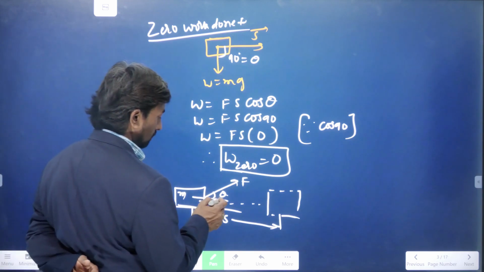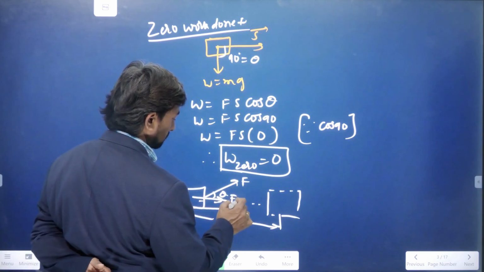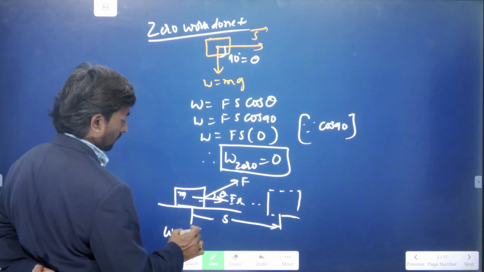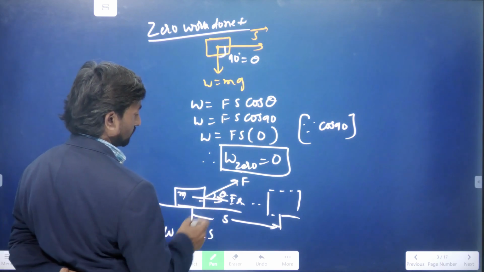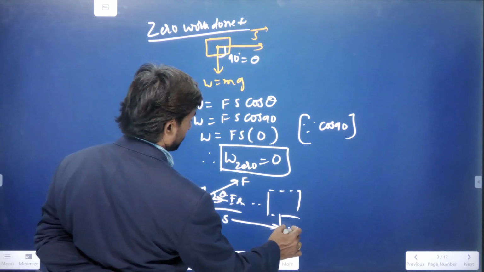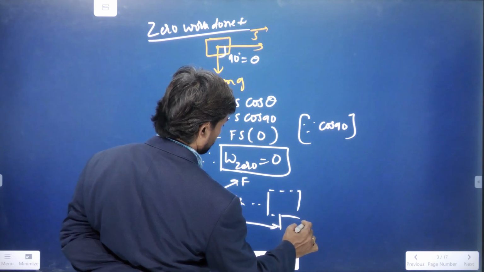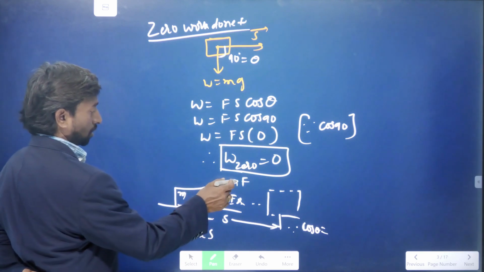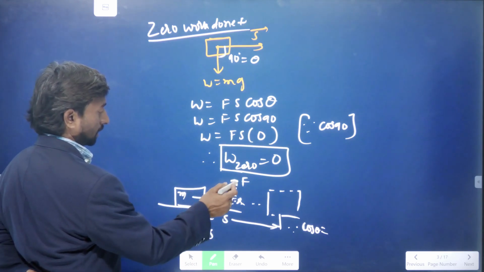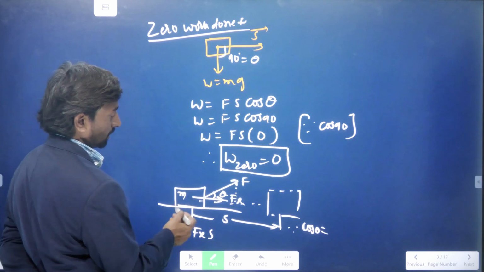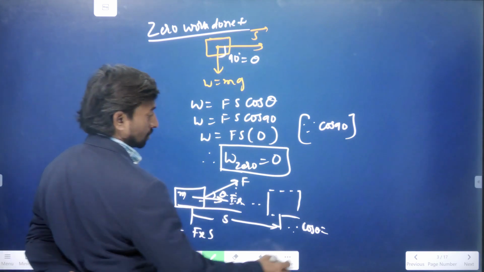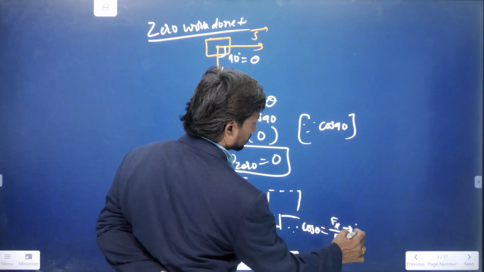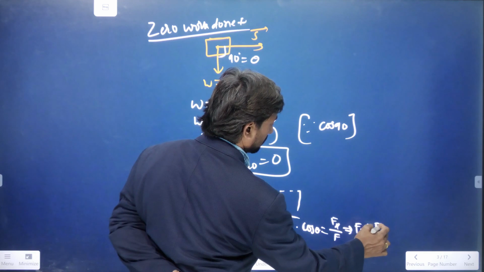So here we have to take the component Fx. Work done is nothing but Fx into S. From the right angle triangle, cos theta is nothing but adjacent by hypotenuse, that is Fx divided by F. From this, Fx is equal to F cos theta.